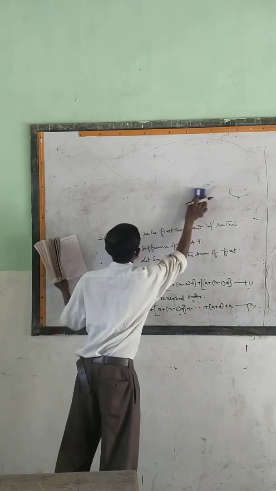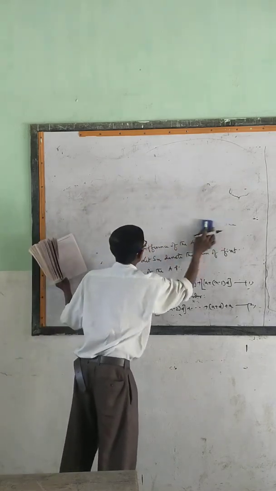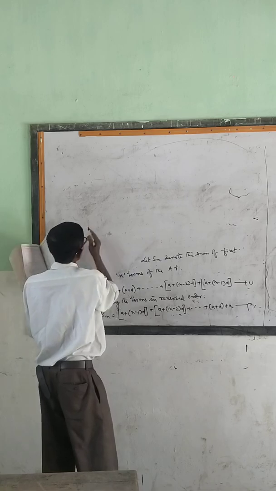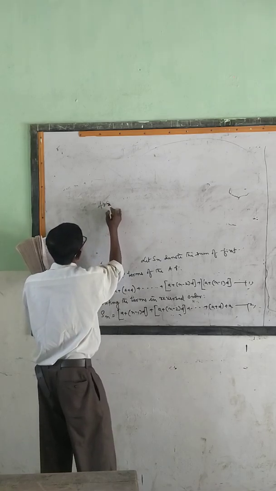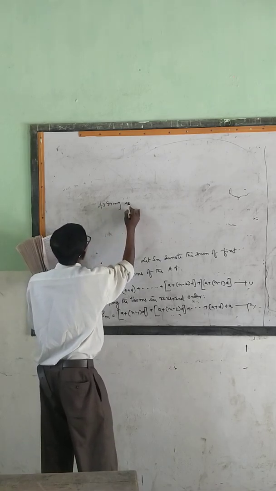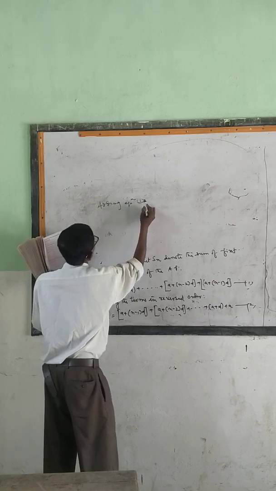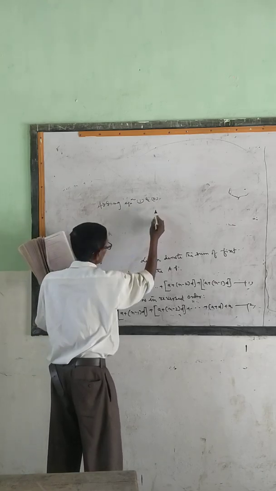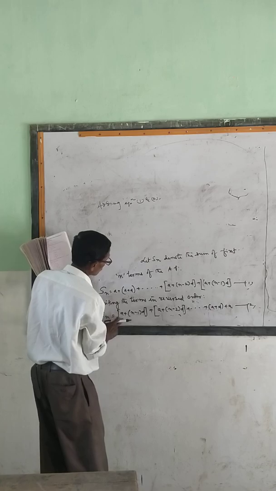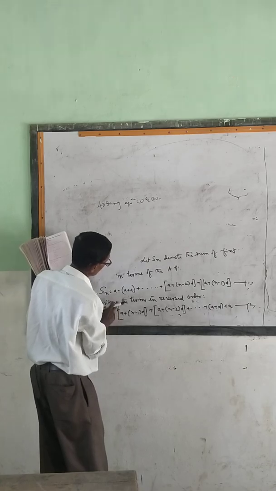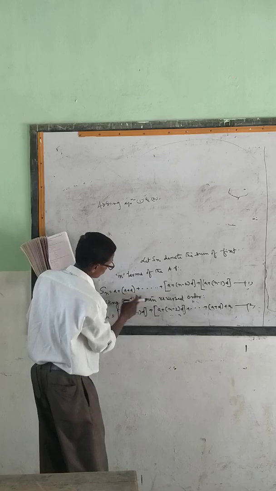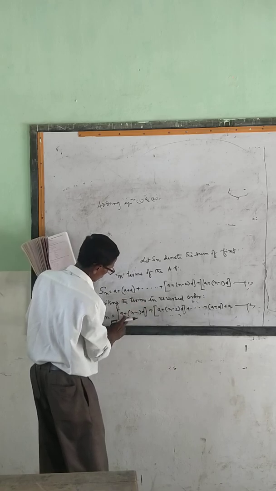Adding equation 1 and 2, a plus a is twice a, and the next pair also gives the same thing.